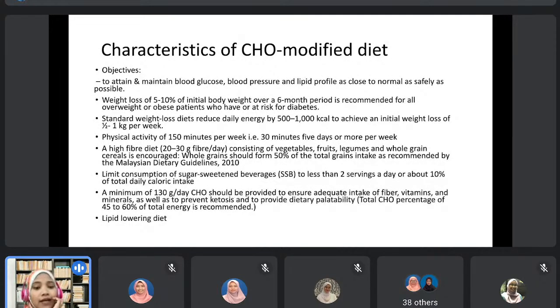Okay, and then a minimum of 130 grams daily of carbohydrate should be provided to ensure adequate intake of fiber, vitamins and minerals, and also to prevent ketosis and to provide dietary palatability. For a diabetic patient, the carbohydrate is between 45 to 60%, and normally it also accompanies a lipid lowering diet.